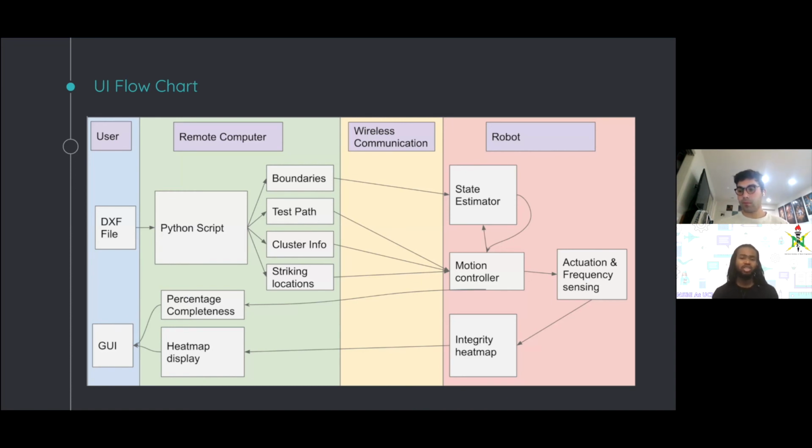The remote computer will then send this to the robot over wireless communication, and the robot will use its state estimator and motion controller to navigate throughout the floor plan and test at the relevant spots. The robot will then create a heat map and send it back to the remote computer for a couple final bits of processing. And then this heat map will be displayed to the user as a graphical user interface.